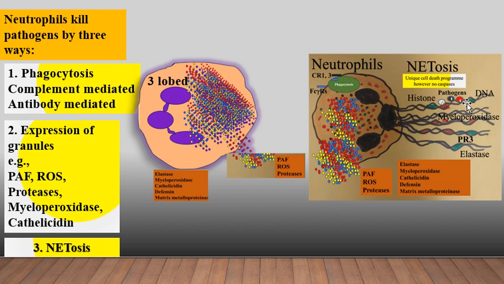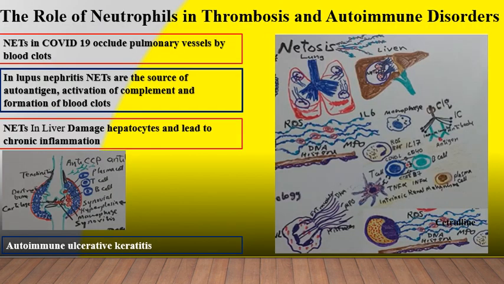They are very sticky and have the capacity to trap pathogens. They are also associated with histone, DNA, myeloperoxidase, and proteinase 3. However, in some instances, these filaments trap platelets, and accordingly, they will lead to thrombosis.